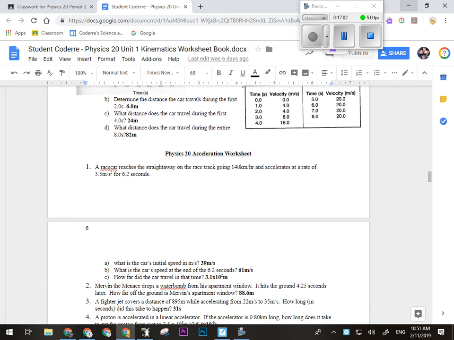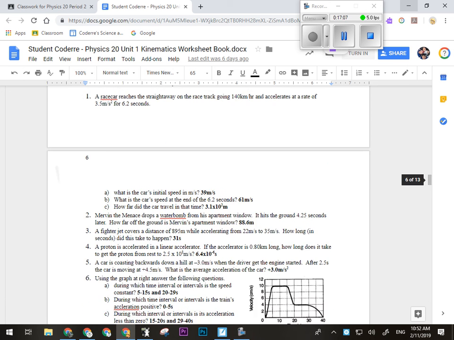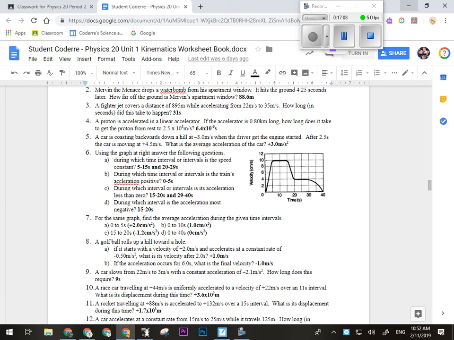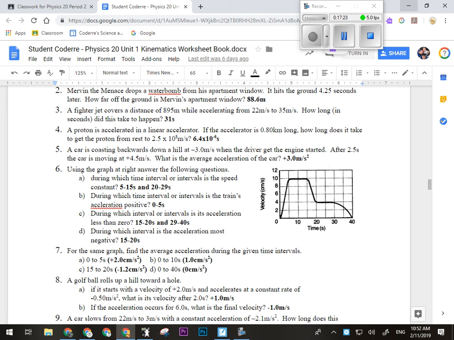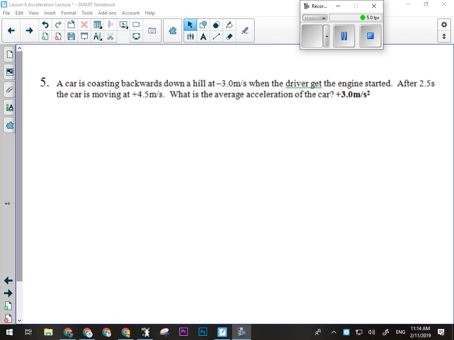Very bottom of page 5 is where question number 1 starts. We'll skip question number 1 for now. Let's have you start on question 2. Read those carefully, give them a try. Obviously, you can call it up on your phone as well. The answers are here in bold after the question, so you'll know if you did it right or not. I'll blow it up a little bigger so it's easier to see. Then I'll circulate, and if you have problems, just let me know and I can give you a hand.